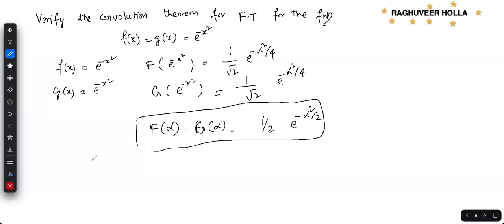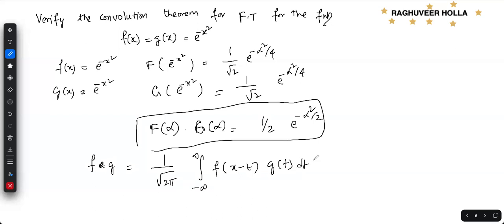Let us look into that. The convolution f multiplied by g is 1 by root 2 pi, integral from minus infinity to infinity of f of x minus t, g of t dt.